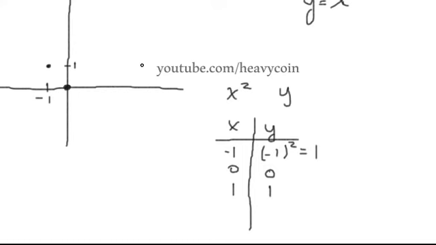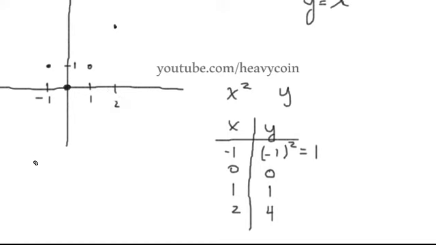So the other ordered pair is 1, 1, so that's going to be about right here. So there's going to be some symmetry involved. Plug 2 in. 2 squared is 4. Alright, so let's say this is 1 here, and we go over to 2, and then we would go up to 4 up here. Okay.